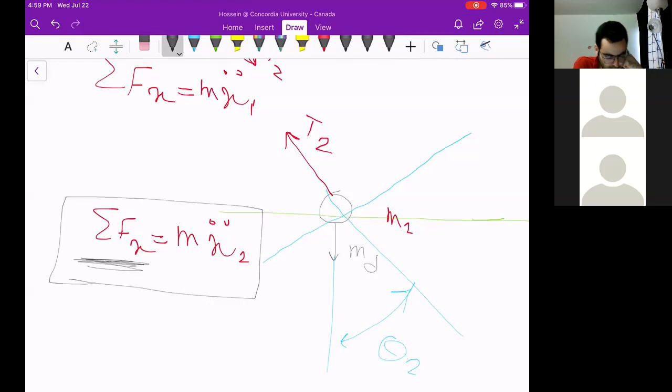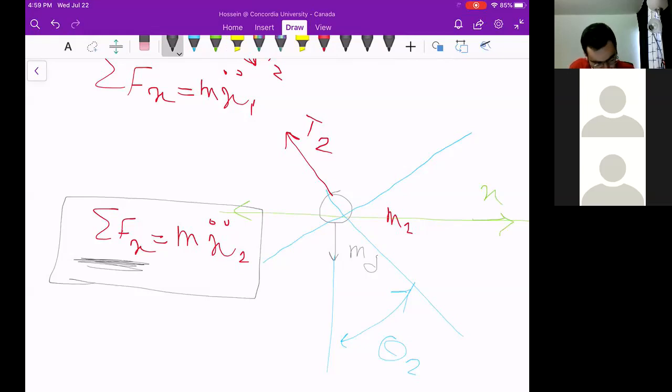Then I can easily write the equation of motion in the green line, x direction. For this, there is basically mg.